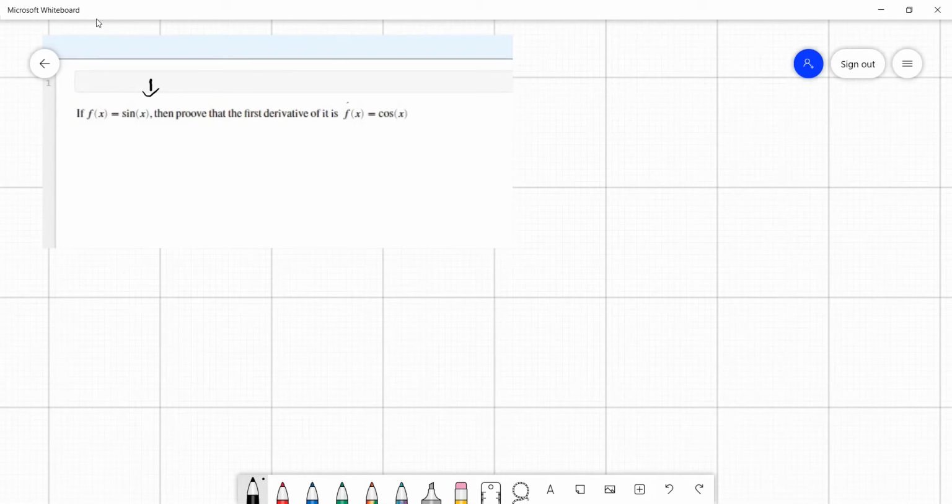But before that, I just want to quickly familiarize some of you with a few trigonometric properties.